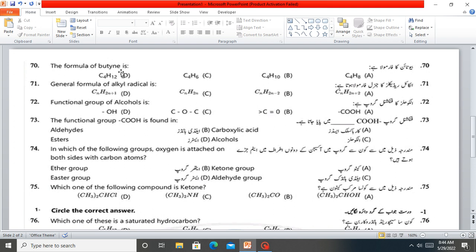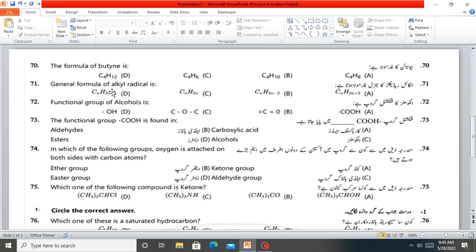Butane is an alkane. Alkynes have the general formula of CnH2n minus 2. So is this a butane? C4H, this one is not a butane. This is a butane. C4, 2 times 4 minus 2 is 6. So this is the formula of butane. So the answer is C, this one.